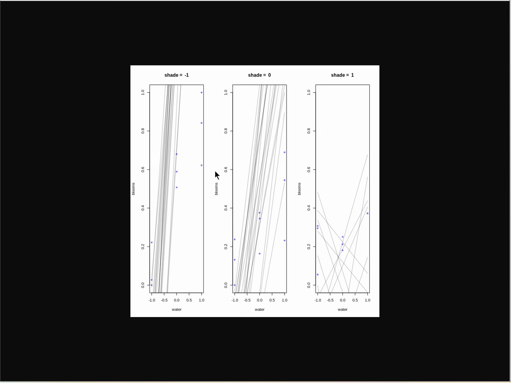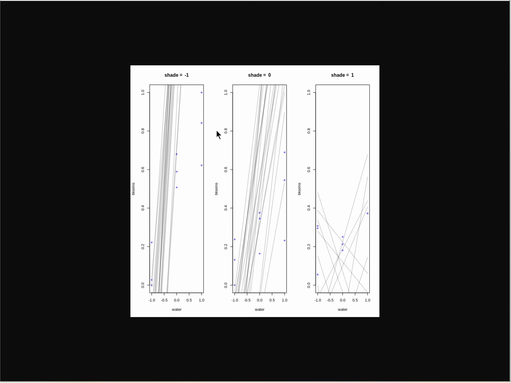So we have three different plots: shade equals -1, shade equals 0, shade equals 1. And we notice that our priors are not doing a great job here, especially here. We're missing wide swaths of the data with our priors.